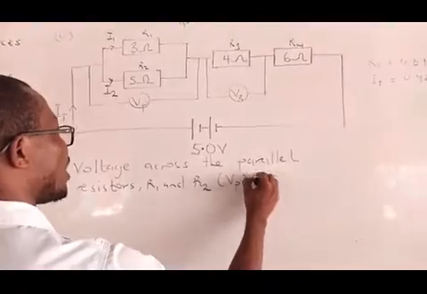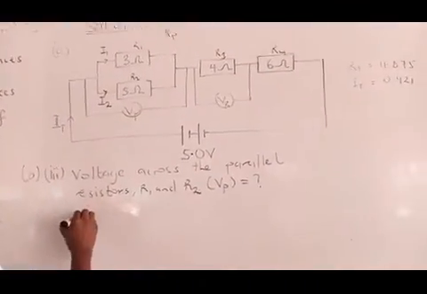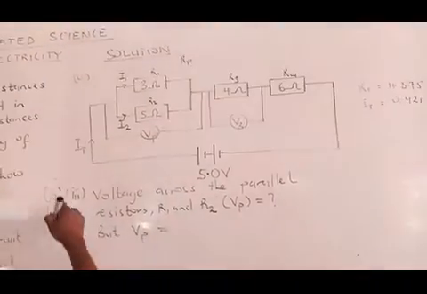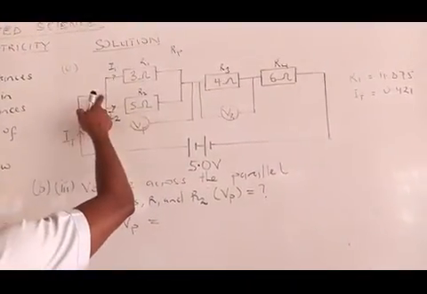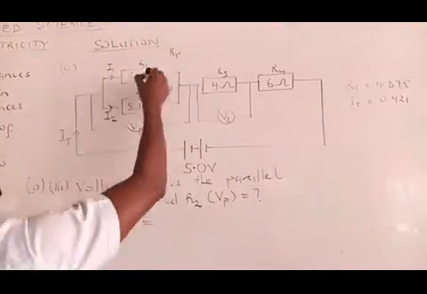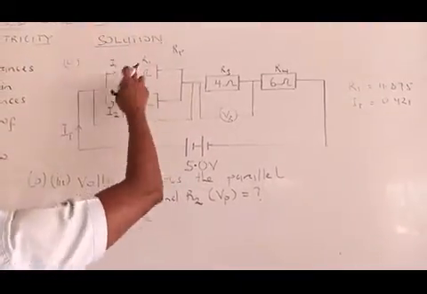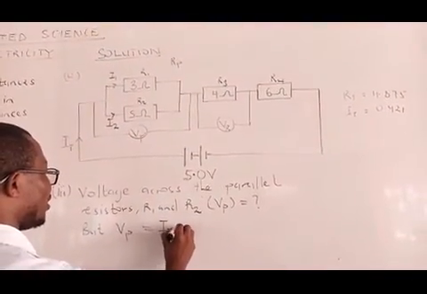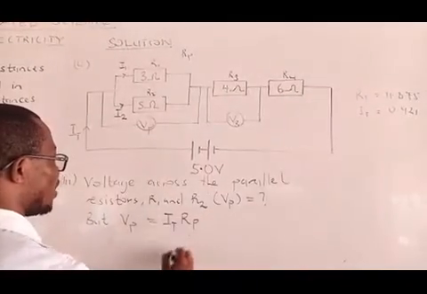That's what you have labeled as VP. Your VP here will be equal to the current that is coming into the parallel connection, that's the total current, times the total resistance of the parallel resistors, which is RP. So it will be IT times RP.